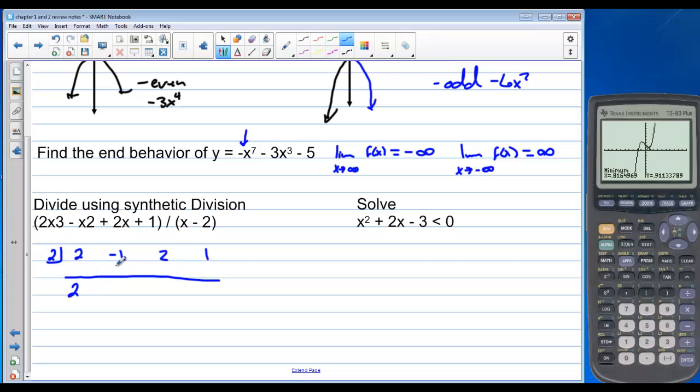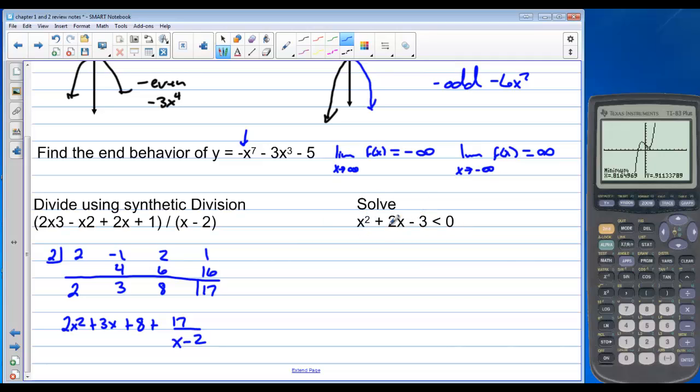So 2 times 2 is 4, negative 1 plus 4 is 3. 2 times 3 is 6, 6 plus 2 is 8. 2 times 8 is 16, and the remainder is 17. So we have 2x squared plus 3x plus 8, and then plus 17 over x minus 2.